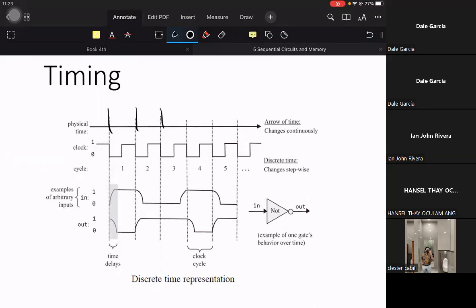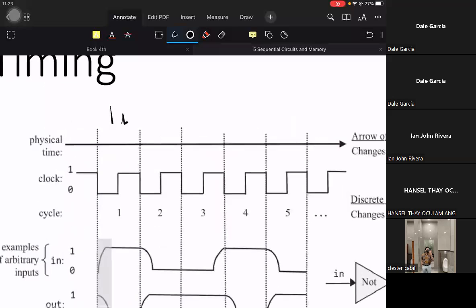And each division is a unit of time. So a unit of time actually depends on the designer, how short or long it could be. It could be 1 second, but actually in microprocessor design, it shouldn't be 1 second.